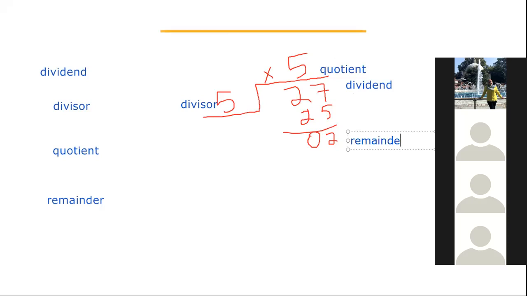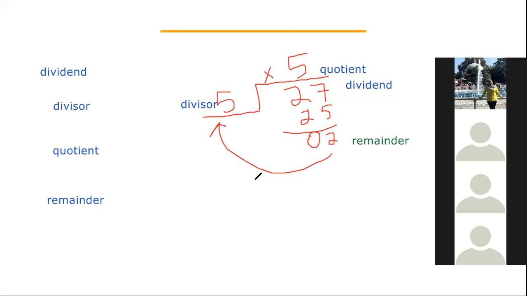Remainder is from the word remain, meaning what's left. So it's remainder and not reminder. Reminder is when I remind you of something that you know. This is the remainder. Guys, please always double check that the remainder is less than the divisor.